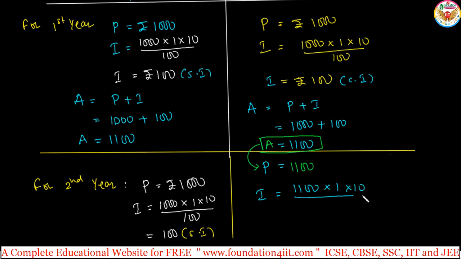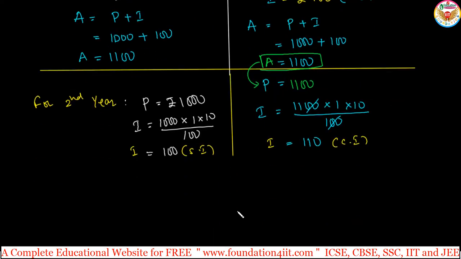To calculate this, 11 into 10 is 110. So 110 is the compound interest here. There is a difference. In the second year, simple interest is 100 and compound interest is 110. So in the first year compound interest is equal to simple interest, but from the second year onwards compound interest is more than simple interest.